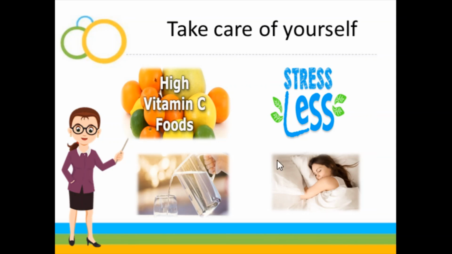Okay, again, take care of yourself by taking high vitamin C foods. Stress less. Drink a lot of water, and of course, sleep well to take care of the whole body.